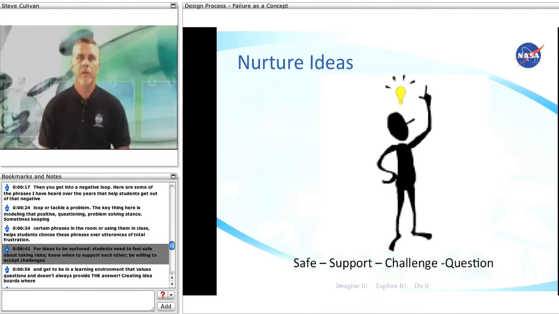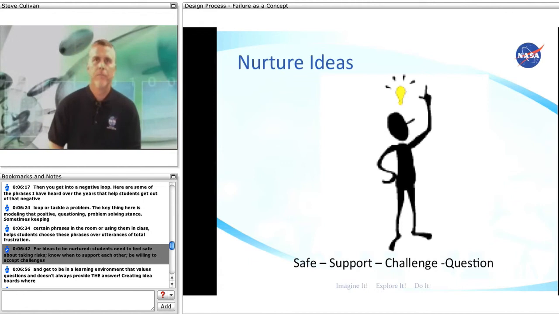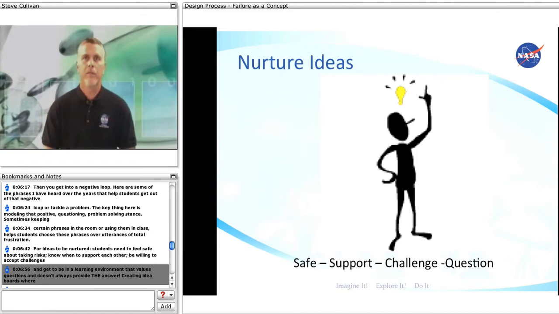For ideas to be nurtured, students need to feel safe about taking risks, know when to support each other, be willing to accept challenges, and get to be in a learning environment that values questions and doesn't always provide the answer.